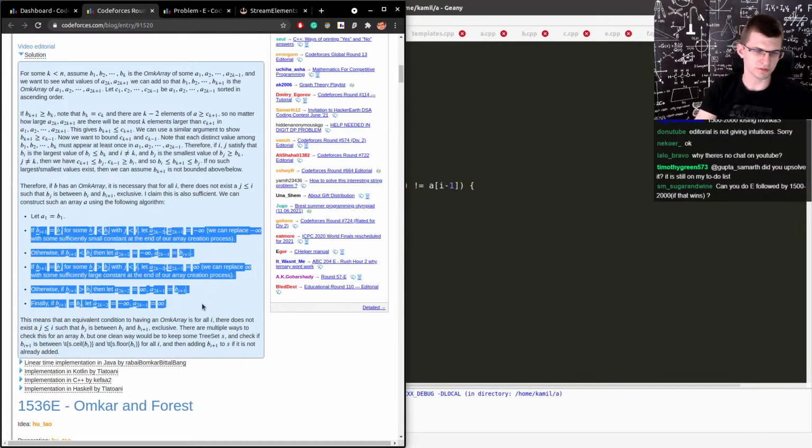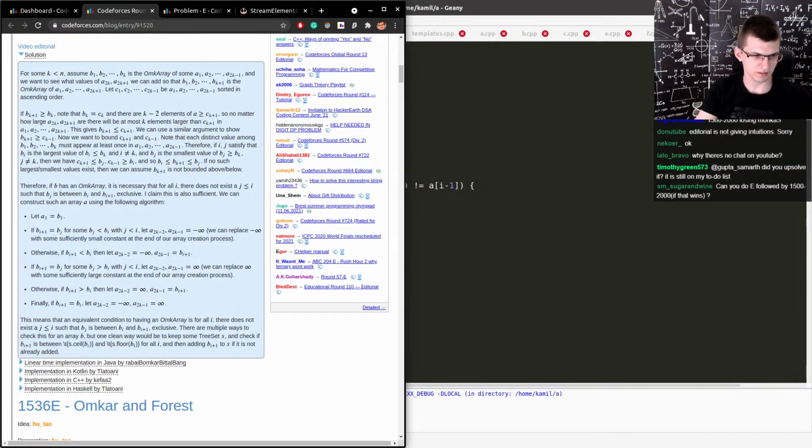They talk about adding the infinities, minus and plus infinity. Sure. Can you do E followed by 1500 to 2000 if that wins? It seems to be unnecessary or maybe not consistent.